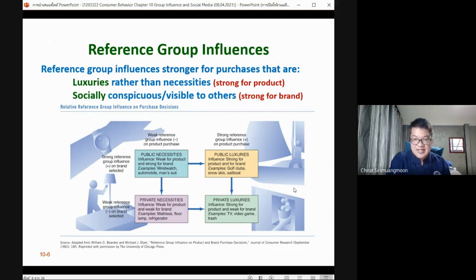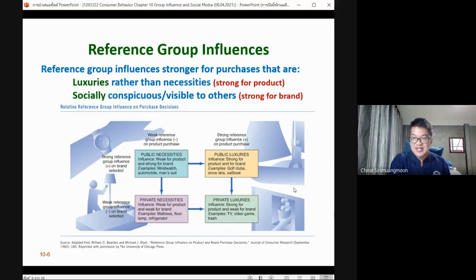So let's see some examples of why we need to be concerned about the reference group influence, because it can draw other attention and also can link to the meaning of the products. For example, you might see some actors, actresses, or famous people who love golfing. So golf clubs, snow skis, and sailboats like yachts.